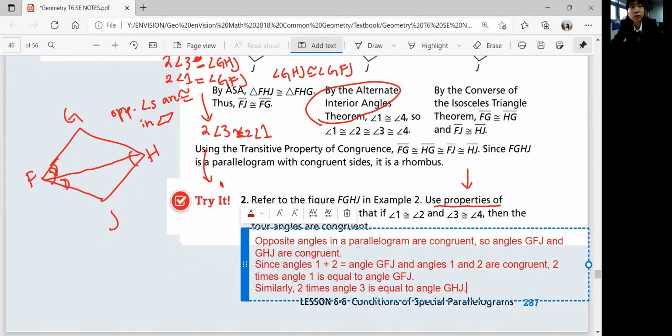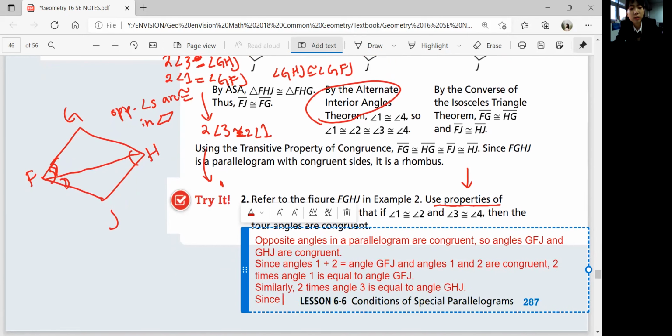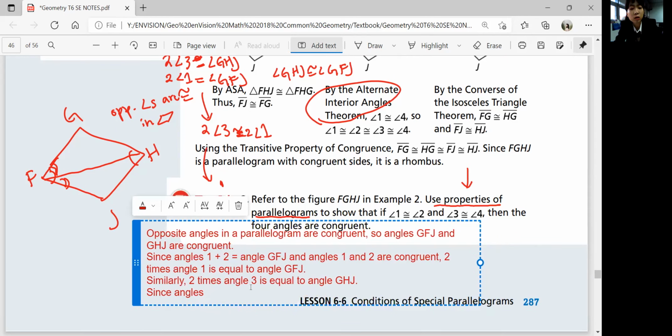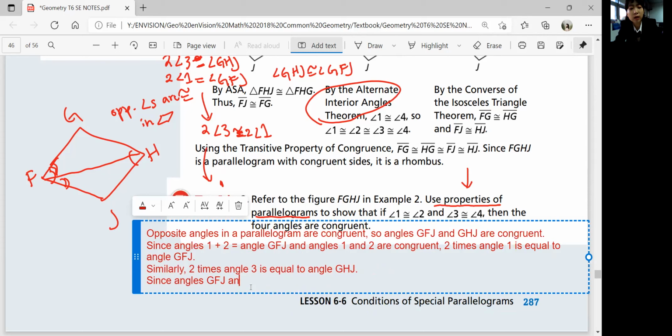And then what do you do? Since angles GFJ and GHJ are congruent, 2 times angle 1 is equal to 2 times angle 3.